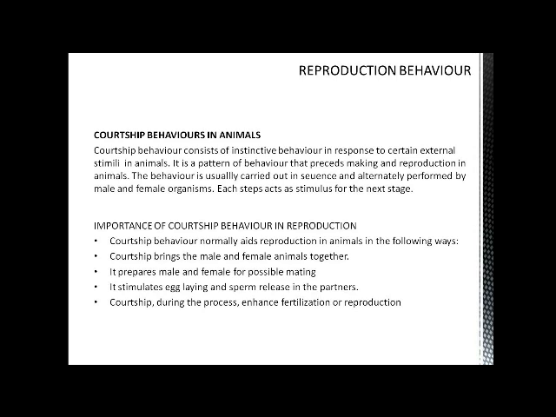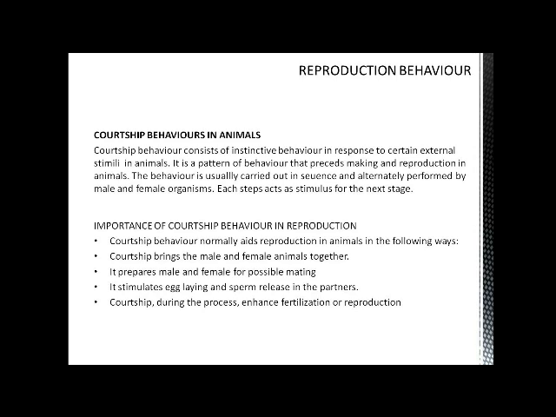Now, we are going to define courtship behaviors in animals. Courtship behavior in animals consists of instinctive behavior. That is natural behavior. That is what instinctive means here. Natural attributes, characters, signs, or manners that take place in an organism in response to certain external stimuli in animals.